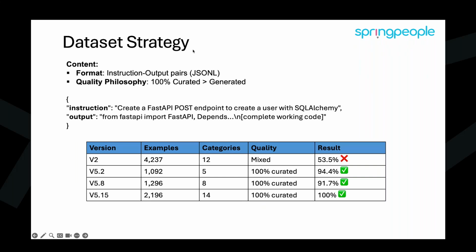If you train without the proper data, the output is definitely not going to match. So what you will have to do is create a JSON file, an instruction-output pair mapping.